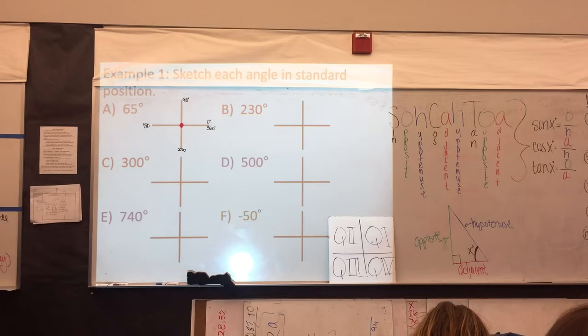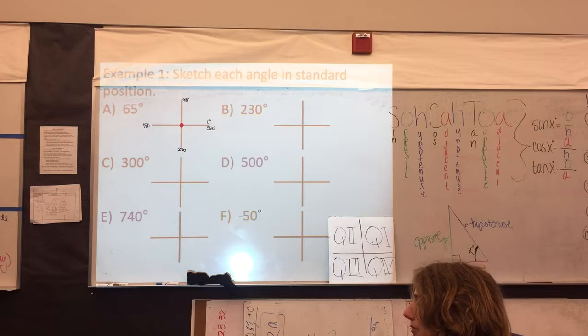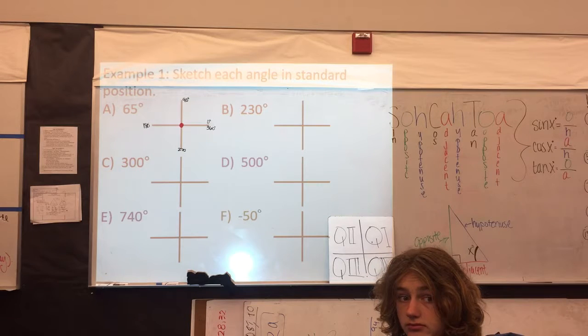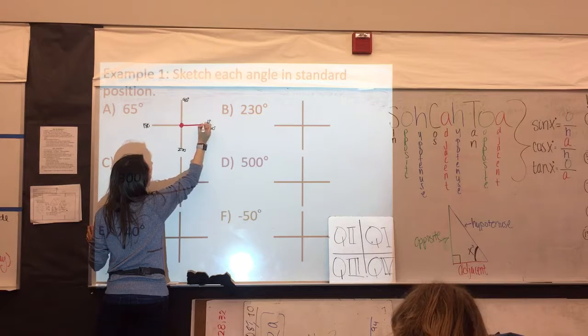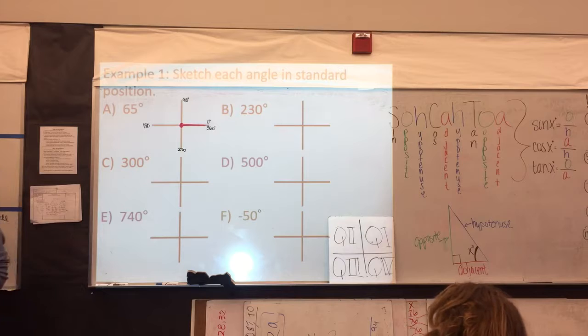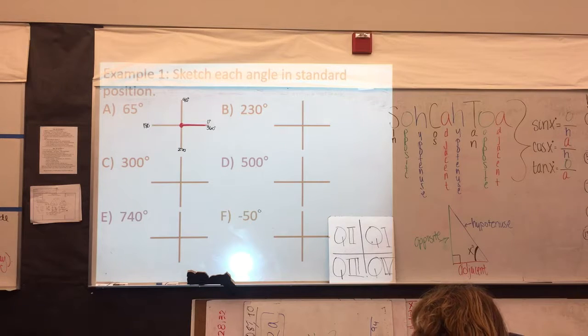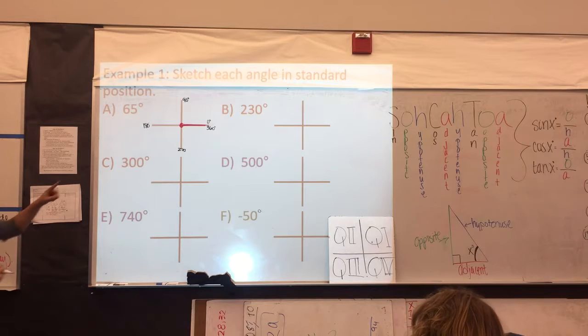That's the vertex of our angle, the pointy part. Now the x-axis comes in because we have the initial side. The starting side is always on the positive x-axis. So we call that the initial side. That's also the starting side. Okay? It's always on the positive x-axis for angles in standard position.